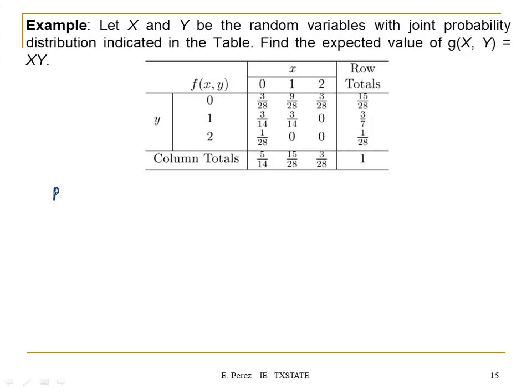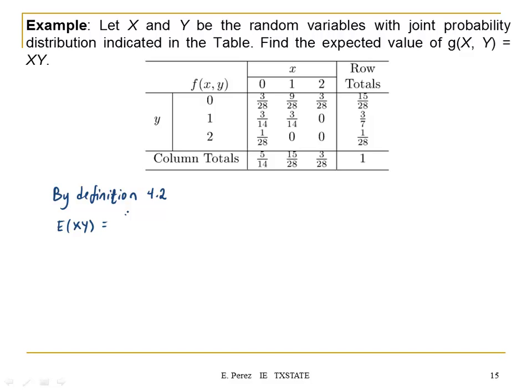So by definition (4.2), which is in the previous slide, we know that the expectation or the mean of this joint distribution for x and y will be equal to, are we using the summations or the integrals?